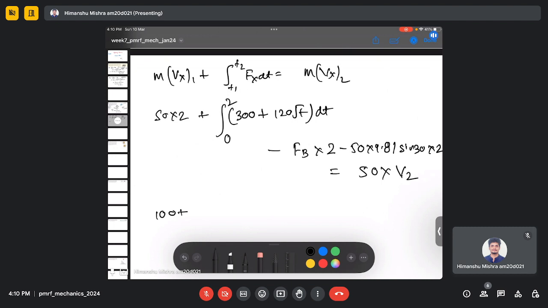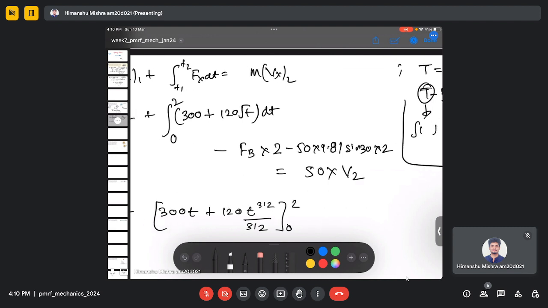On integration we will get 300 t, and my F_B is mu N_B.